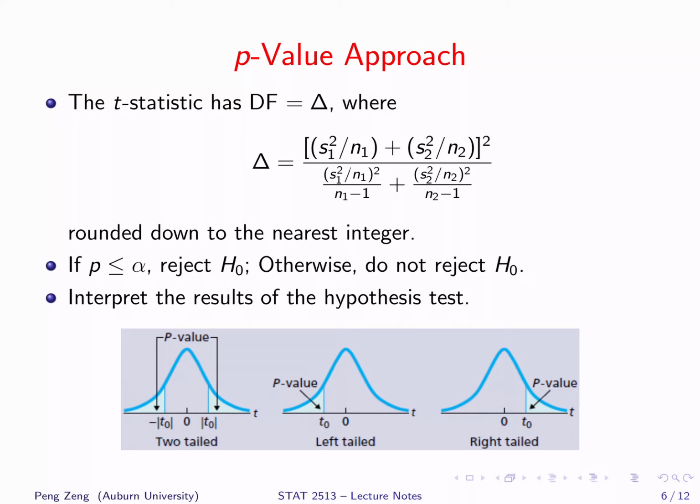For left-tailed tests, the p-value is the probability of less than t0. For right-tailed tests, the p-value is the probability of larger than t0. If the p-value is less than the significance level alpha, we reject H0. Otherwise, we do not reject H0. Last, make sure to interpret the results of the hypothesis test.